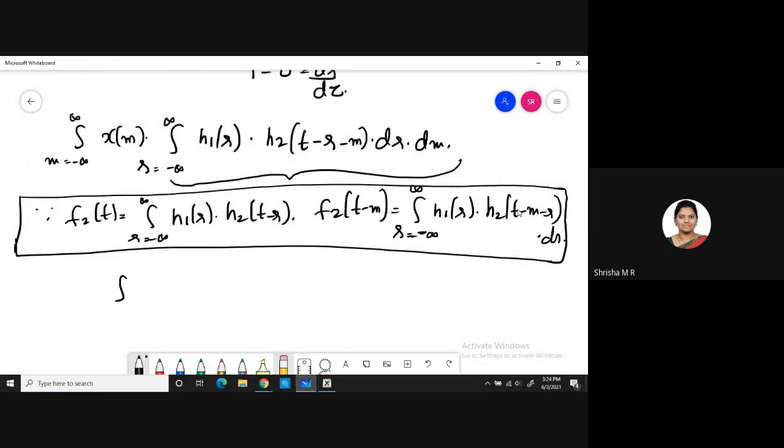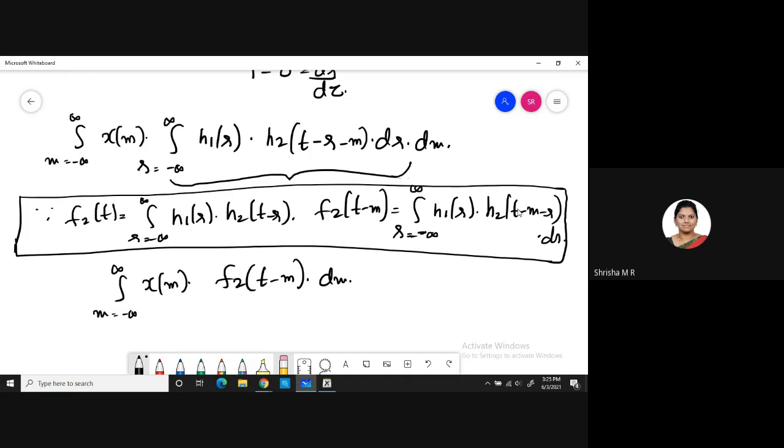So you have integral m is equal to minus infinity to infinity x of m into f2 of t minus m into dm. Yeah, this we are replacing with f2 of t minus m. Okay, this dm is as it is.